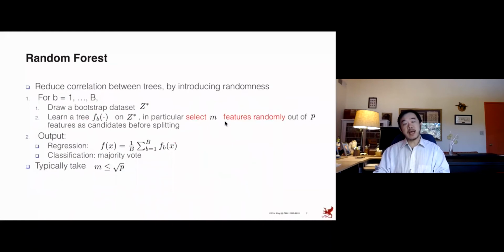Random forest is actually an effort to remedy some of the problems in bagging. Here, we're not going to combine all the full trees like in the previous algorithm. We're going to generate some randomization in the training. For example, in training each of these trees, we're going to slightly perturb the training data.